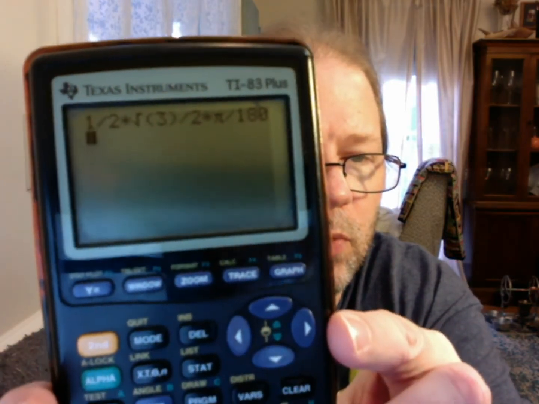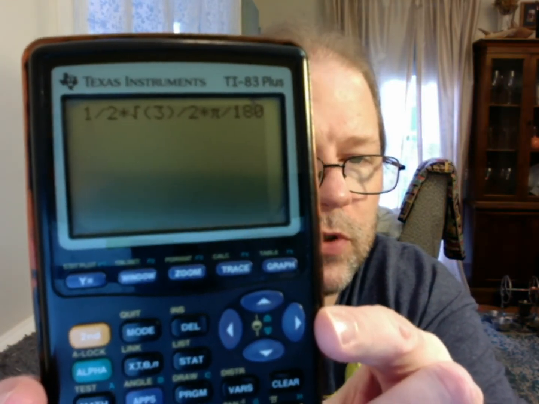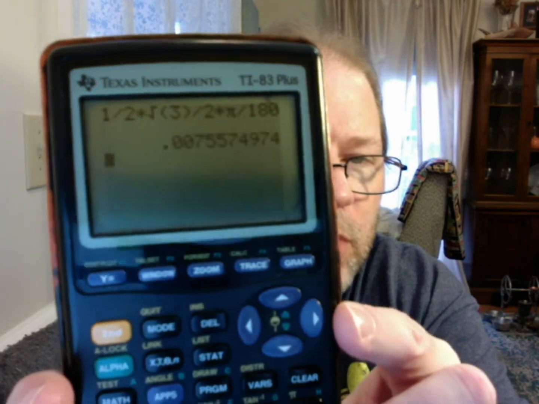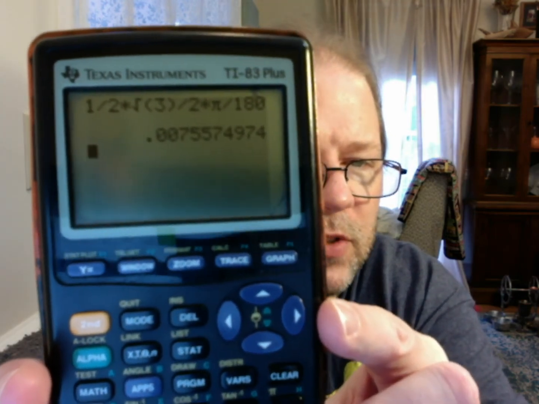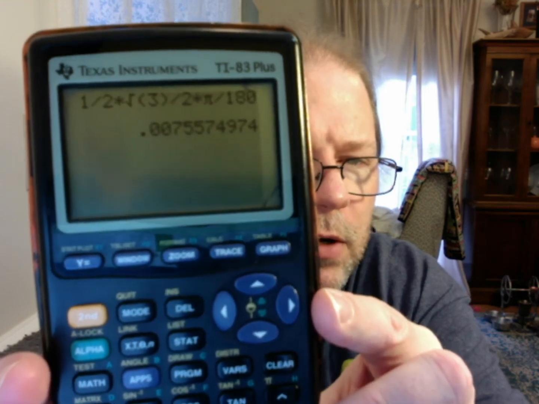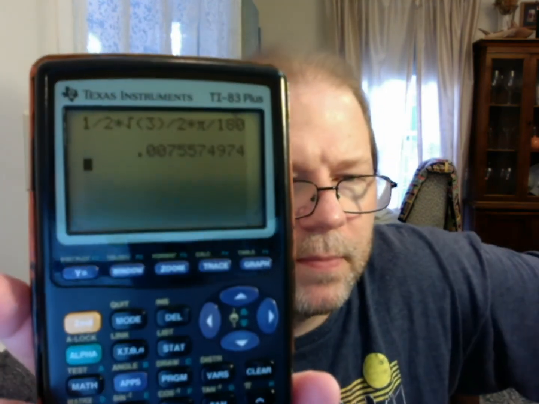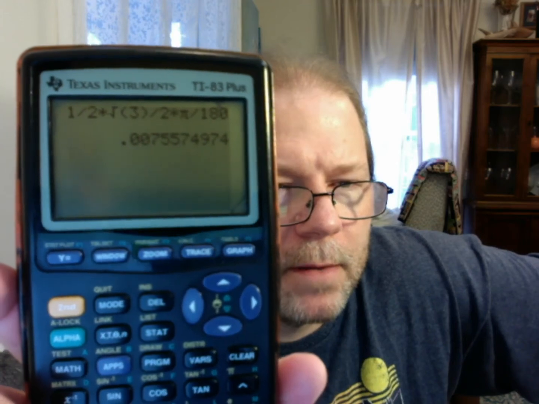When I put that in here, I'm going to make it look like this: 1/2 times root 3 over 2 times pi over 180. It gives me this. I get 0.00755.